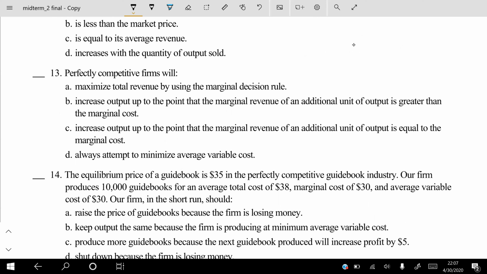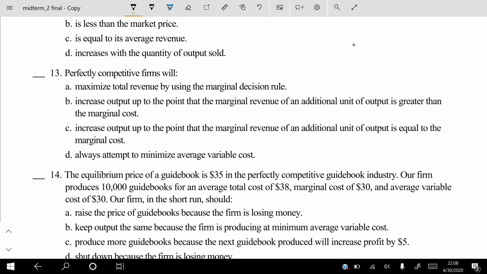Perfectly competitive firms will A, maximize total revenue by using the marginal decision rule, B, increase output up to the point that marginal revenue of an additional unit of output is greater than marginal cost, C, increase output to the point that marginal revenue of an additional unit of output is equal to the marginal cost, or D, attempt to minimize average variable cost.